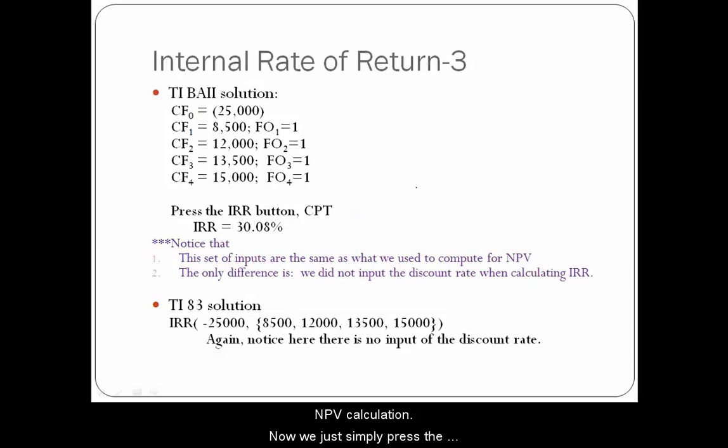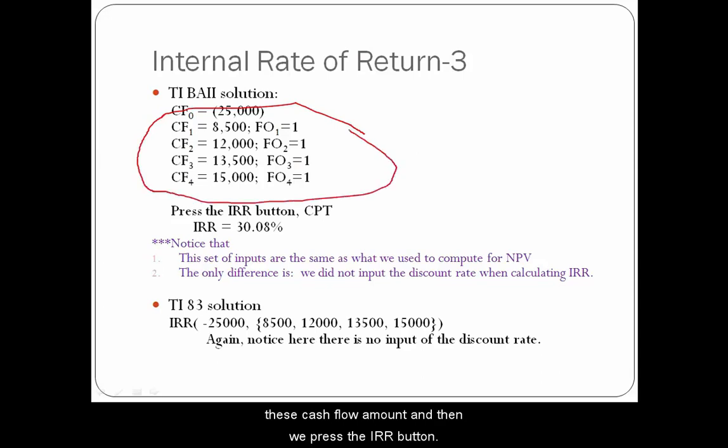Now we just simply press the IRR button and hit compute. We get the IRR at 30.08%. You notice that in this calculation we enter all these cash flow amounts and then we press the IRR button. We don't input any discount rate or rate of return into the calculator, because IRR itself is a discount rate.